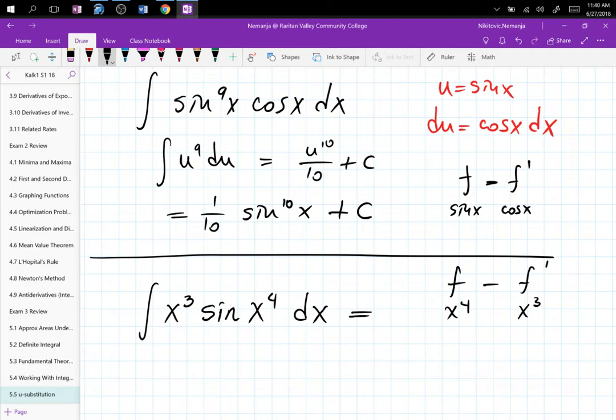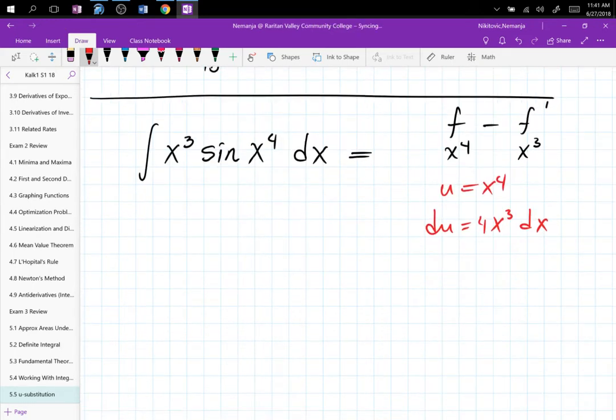And please note that my u is always the f, the function, right? So the top part, u was sine x because that was a function, and then clearly its derivative, well, that's du because I'm taking the derivative of u. So now I have u equals x to the 4, and then du is equal to 4x cubed dx.